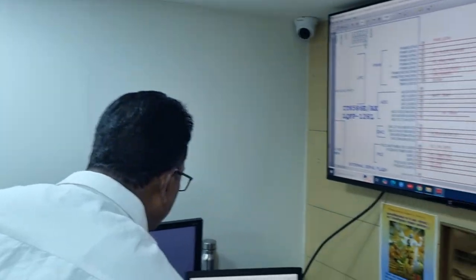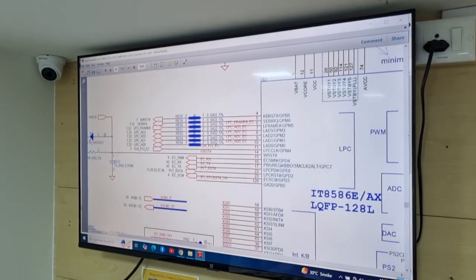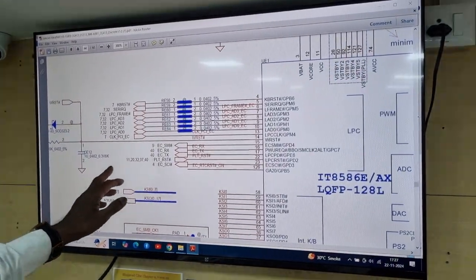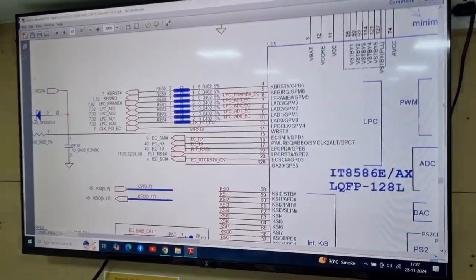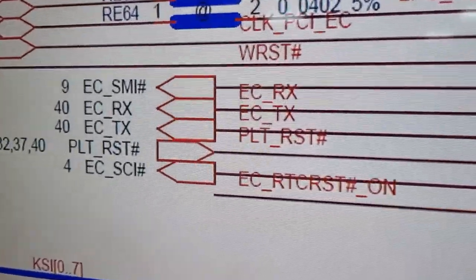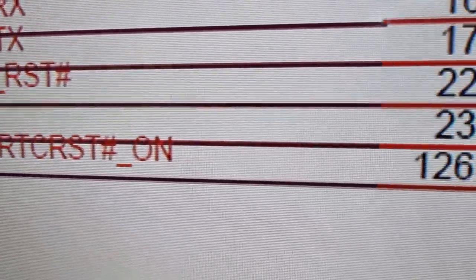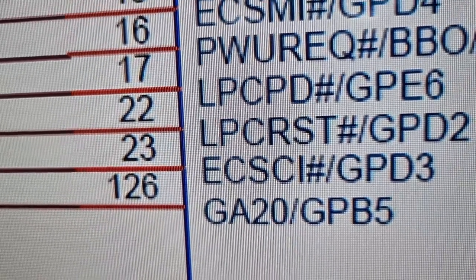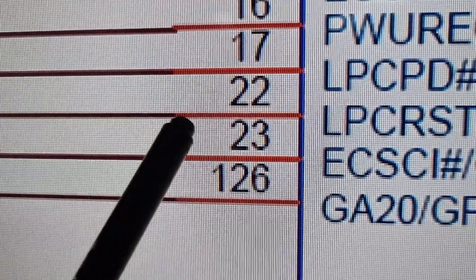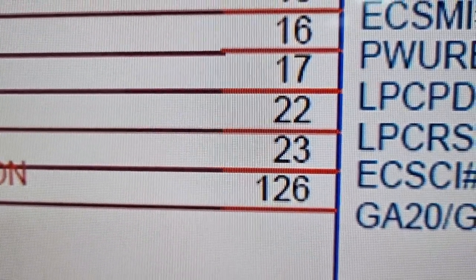So first we'll see where this PLT reset signal is, or on which pin it is. Here is the PLT reset signal. This signal is generated by the CPU, and we are going to check it on pin number 22.